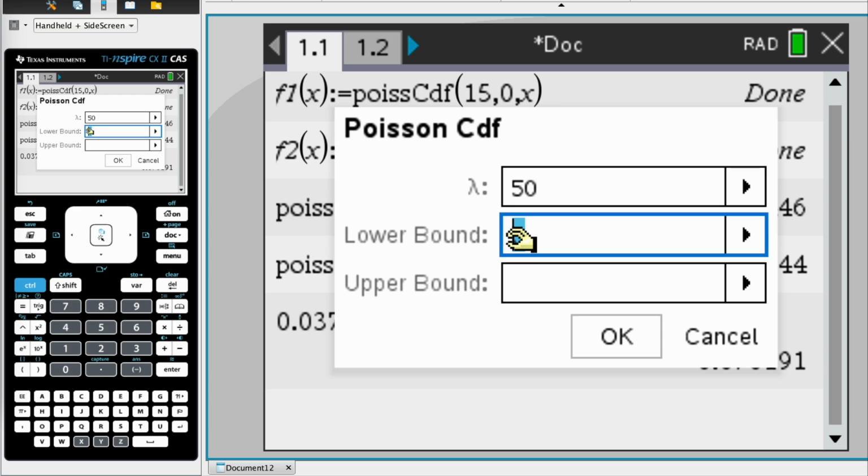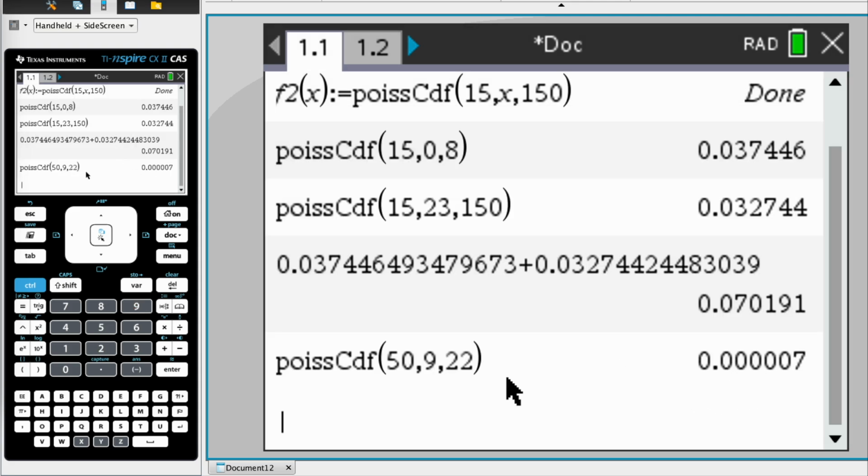And the acceptance region is what we now want to enter for lower and upper bounds. So acceptance region was 9 up to 22 bees. And that is the probability of a type 2 error. So it's super, super tiny. If you get 50 bees in a 5-day period, you actually have a very low chance of having a type 2 error. Of course, you don't know that unless someone actually tells you what this true value is.